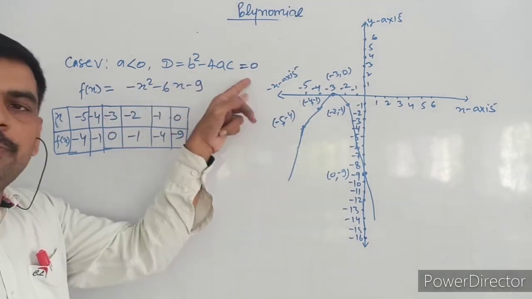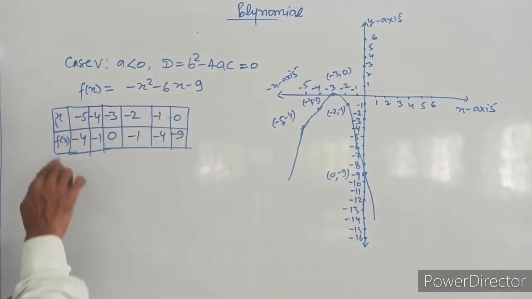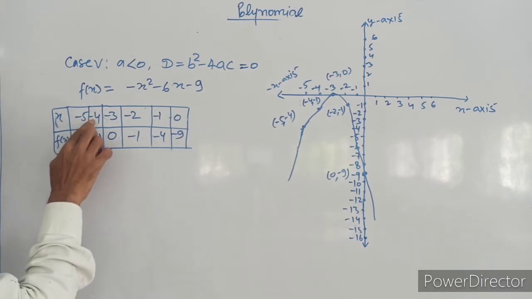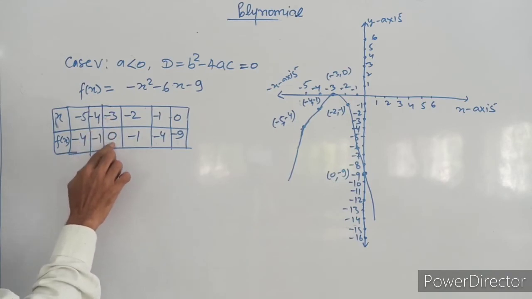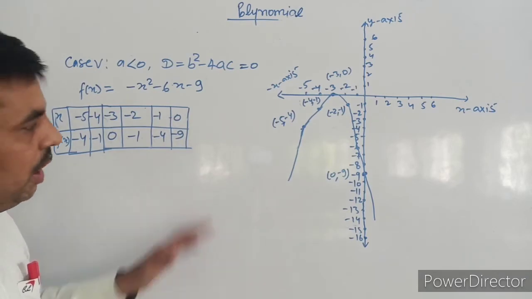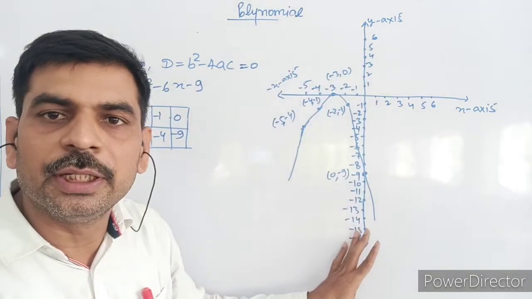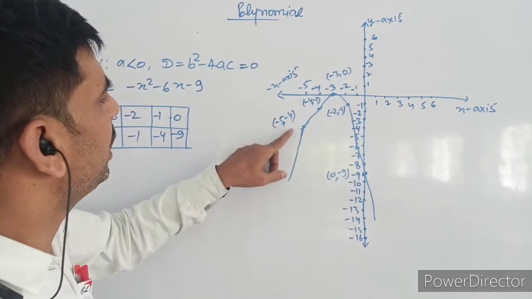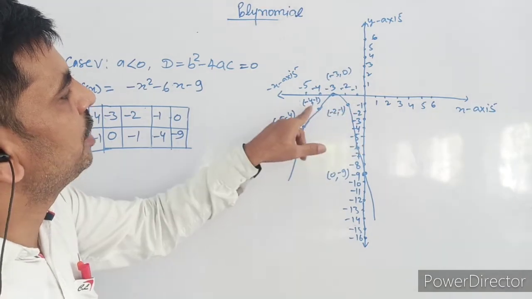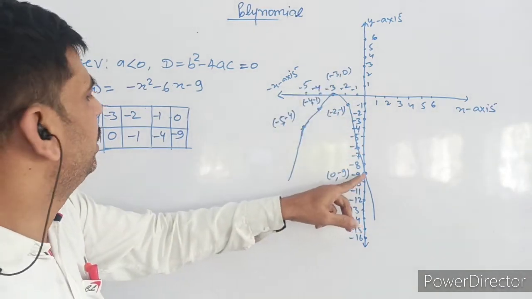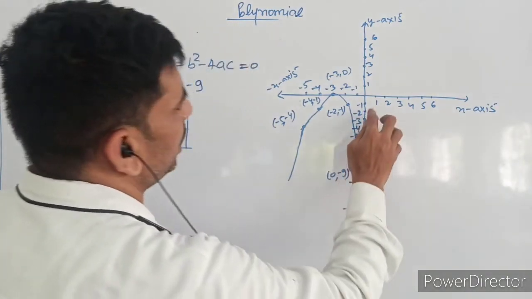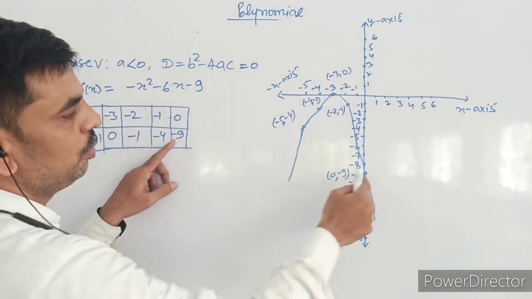If you put in values that satisfy the condition, we find some values of f(x) for x. We plot these points on the graph: (-4, -1), (-3, 0), (-2, -1), (-1, -4), and (0, -9).